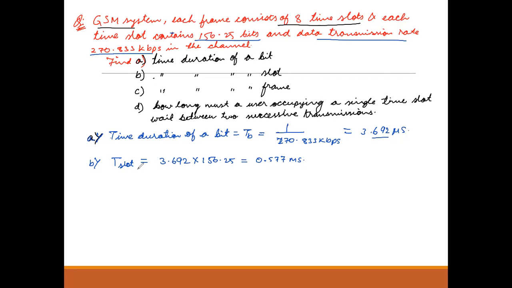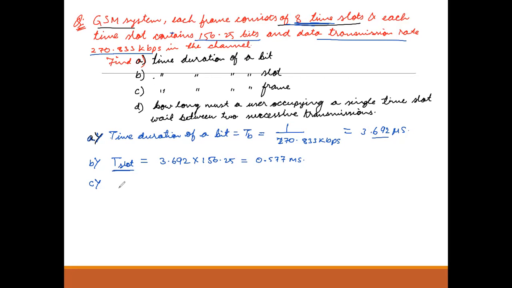So we will have the time slot duration will be this, and the next part is the time duration of a frame. So now how we can find out, as we can see here that एक frame में 8 slots हैं. Okay, एक frame में 8 time slots हैं, और एक time slot का जो duration है वो इतना है.